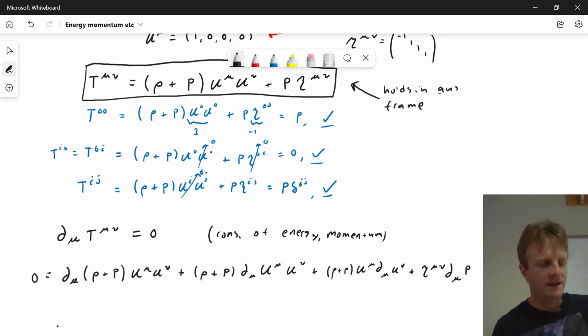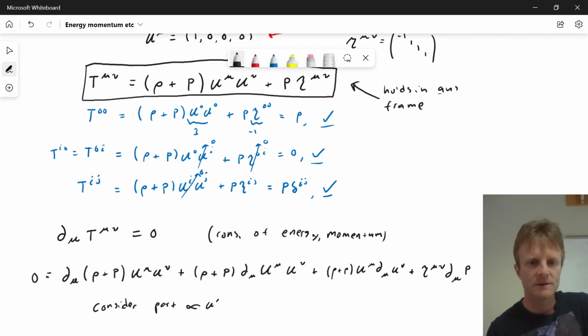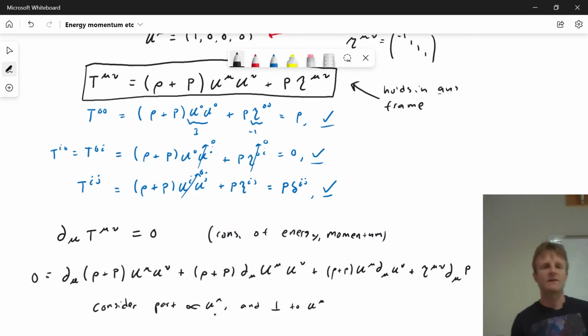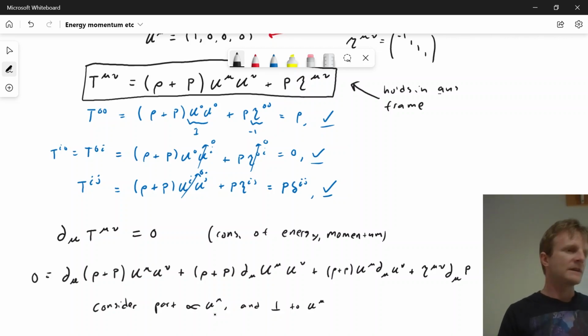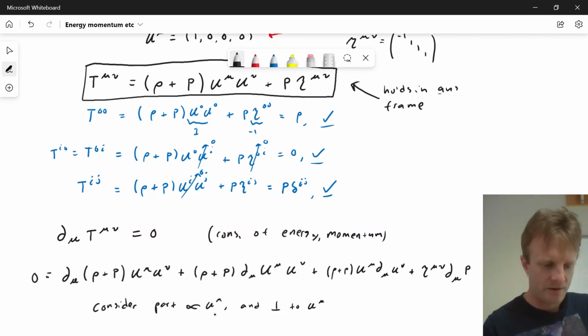And so to do that in a tensorial way, what we really mean is we need to consider the part of this equation proportional to u mu and perpendicular to u mu. So the part proportional to u mu is like the time component in the rest frame, and the part perpendicular is like the space component in the rest frame.